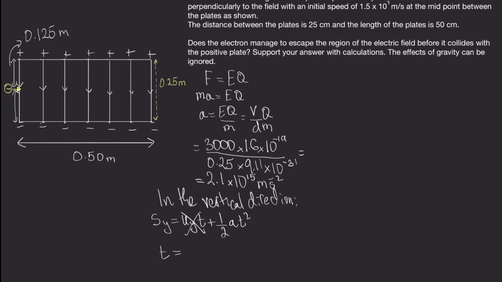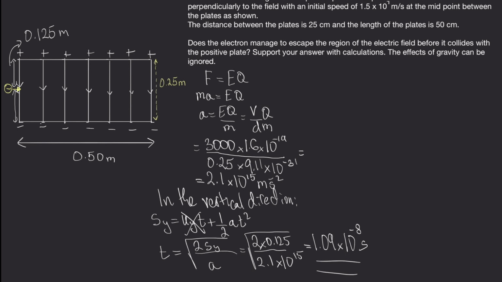So 2 times 0.125 divided by the acceleration, which is very large, 2.1 times 10 to the power of 15. And this here is just a very small number, 1.09 times 10 to the power of minus 8 seconds. Okay, so we have the time of flight. This is essentially projectile motion, but rather than gravitation, we have a very strong electric field, which gives us a much higher acceleration typically.